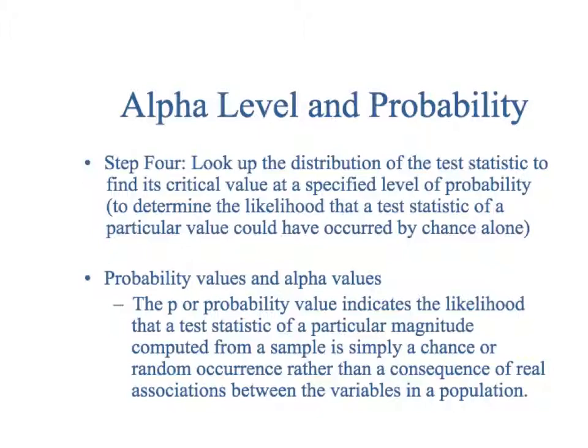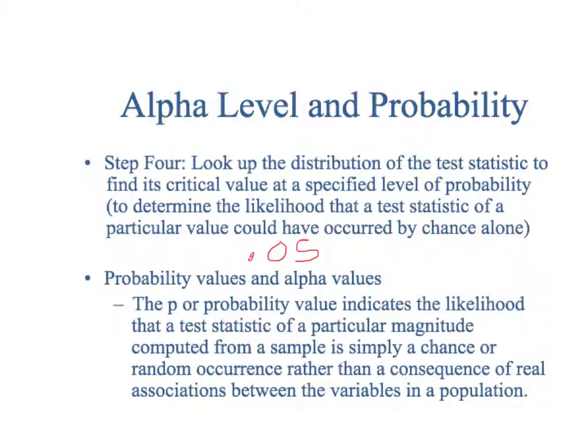Now we're going to go to step 4, where we're going to look up the distribution of the test statistic to find its critical value. And so we are going to stick with the 0.05 level of probability. It's the standard, like I said, it helps us minimize type 1 errors as well as minimizing type 2 errors.